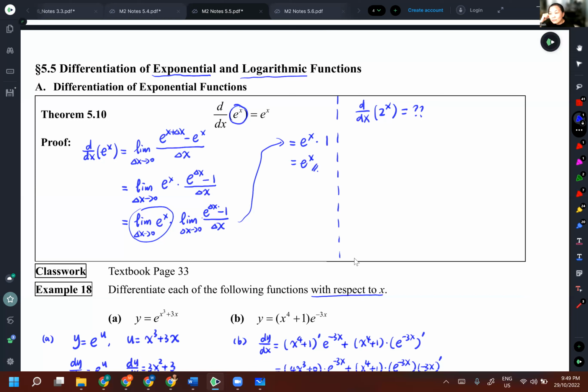It's not e anymore. Who knows? Some of you learned in advance from some other lessons. Any idea?